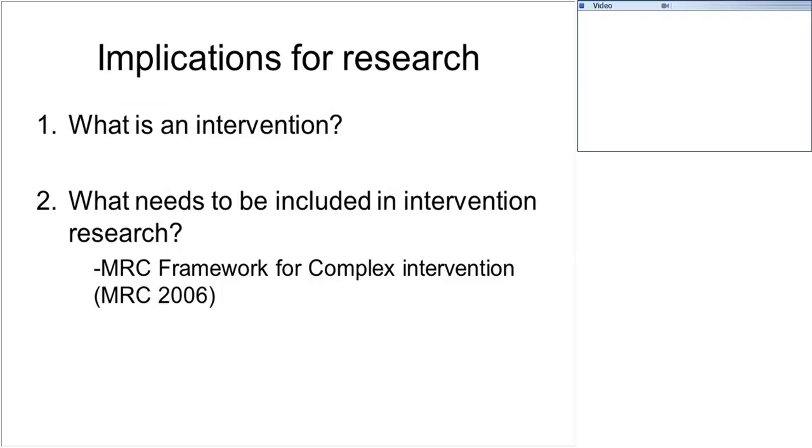And for those of us planning to do research, it also begs the question about what needs to be included in our intervention research. At what point, for example, do we have to start designing our intervention using approaches like qualitative research about what's going on in the world?